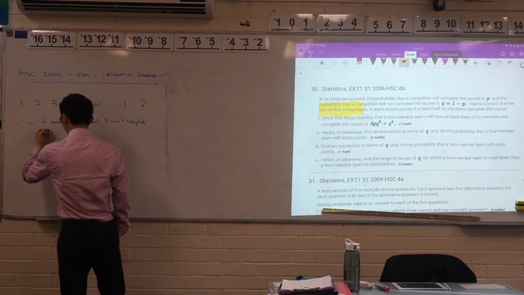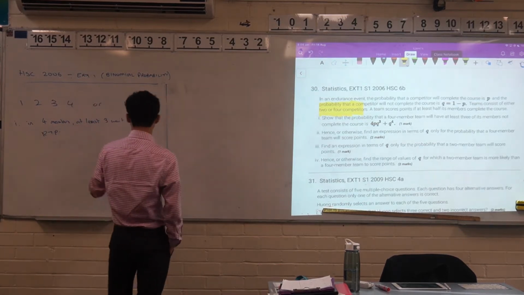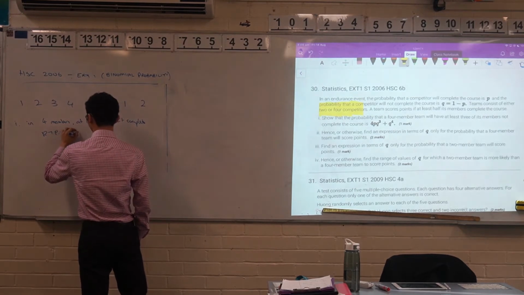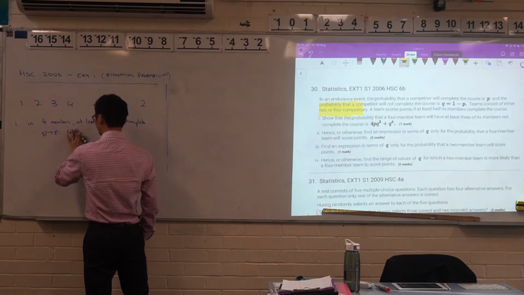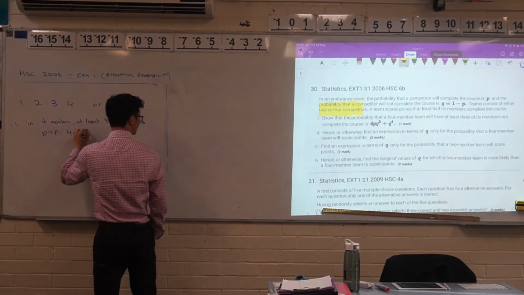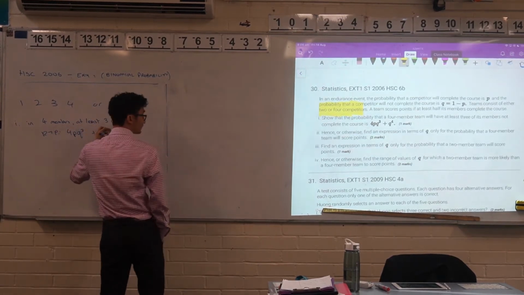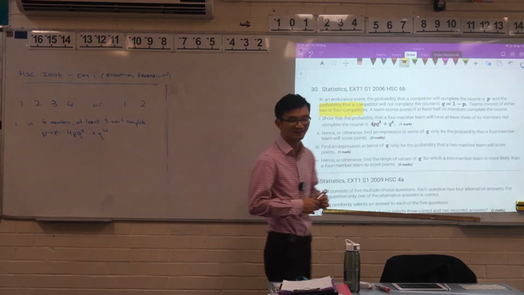We're required to prove, RTP, that that's the same as 4pq cubed, it's a bit wordy, plus q to the power 4. And great, it's 1 mark. So what do we do with that?